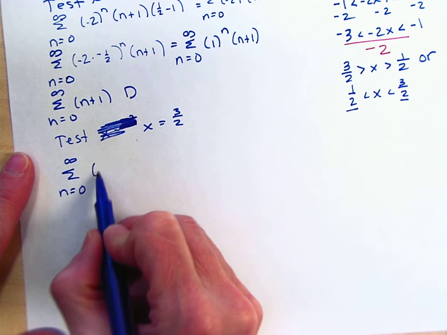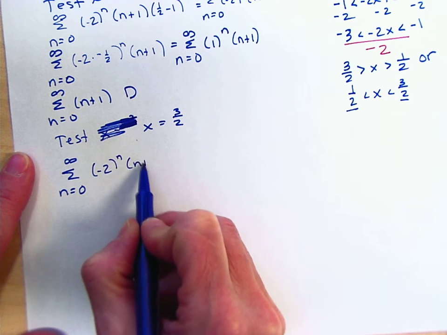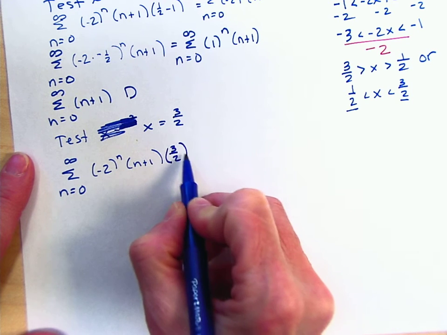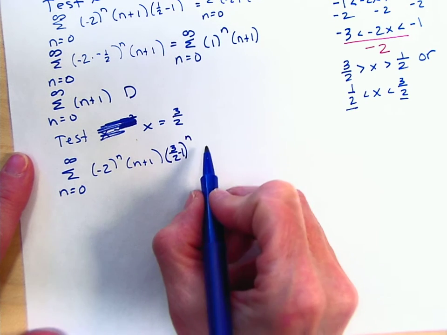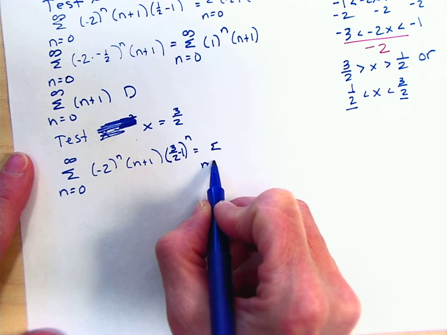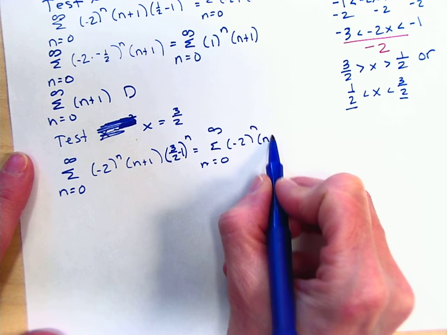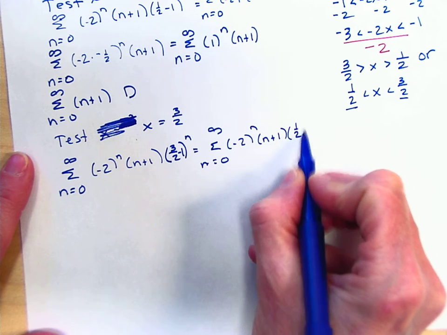And this becomes minus 2 to the n plus 1, and this time we have 3/2 minus 1 to the n. And simplifying, we have minus 2 to the n plus 1, then we have 1/2 to the n.